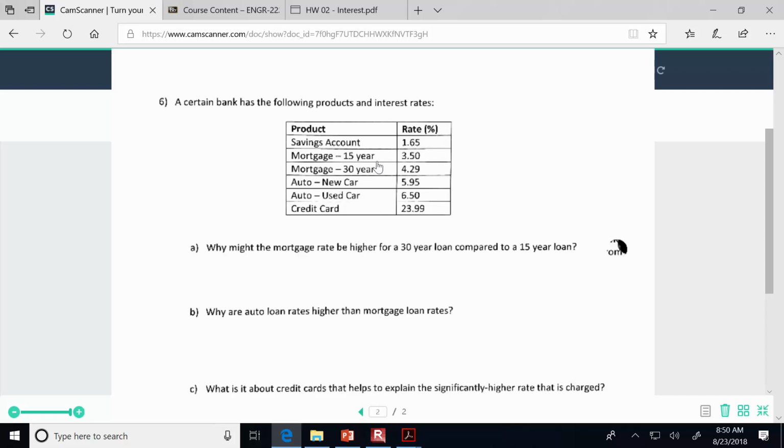And so part of the difference between the two is probably that over the course of 30 years, how are you going to predict what inflation is going to be? There's some uncertainty there, and there's more uncertainty trying to predict a 30-year period than a 15-year period. And so part of why they're charging more for a 30-year mortgage is just that they think it's possible inflation could go up during a 30-year period more than it would during a 15-year period.